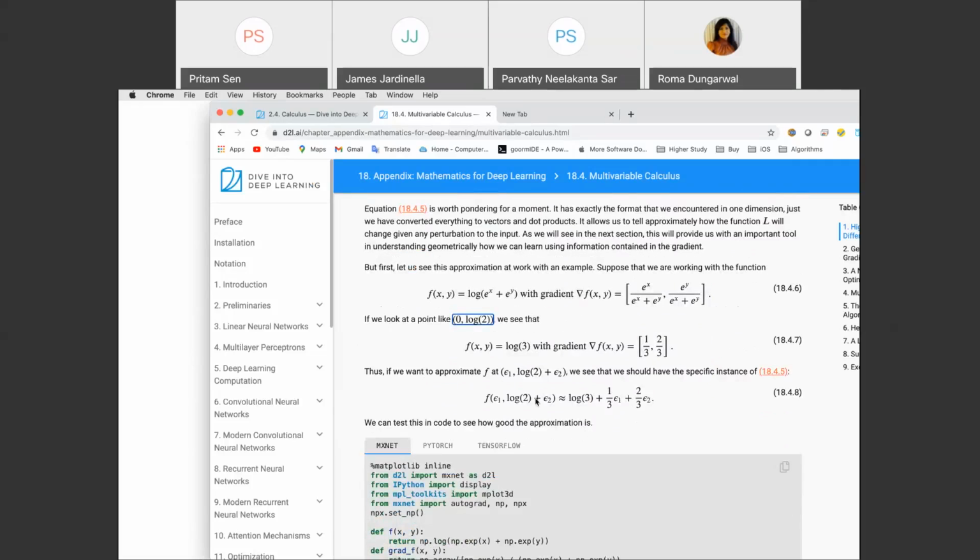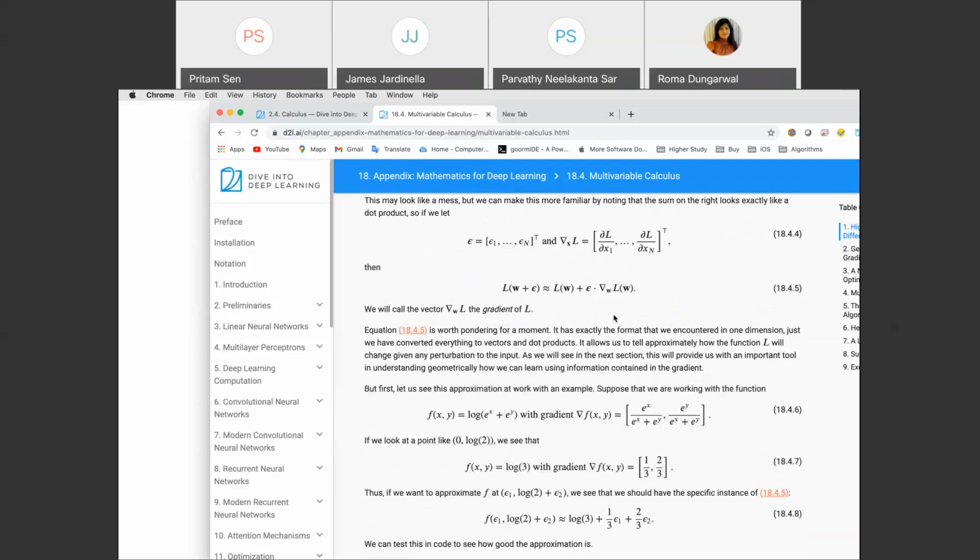If we change the values, for example, we increase this by epsilon 1 and this value by epsilon 2, the output will follow this equation: the previous function, that means log 3, without change, plus the change along the gradient.